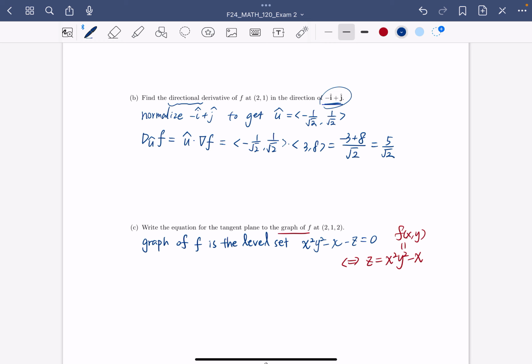And we have to find the tangent plane to this graph. The tangent plane can be calculated by knowing the gradient of this function.